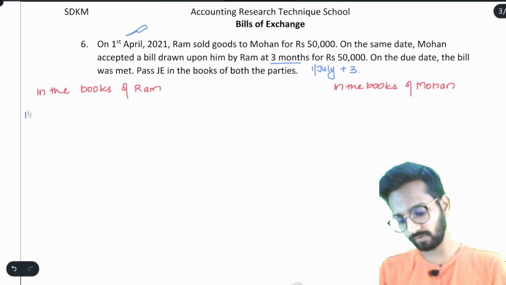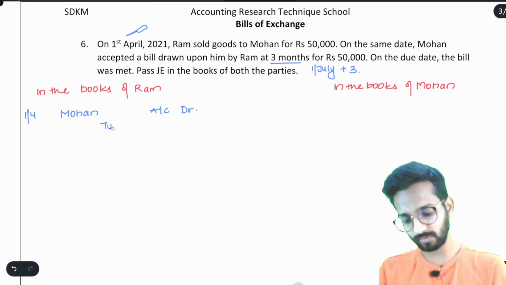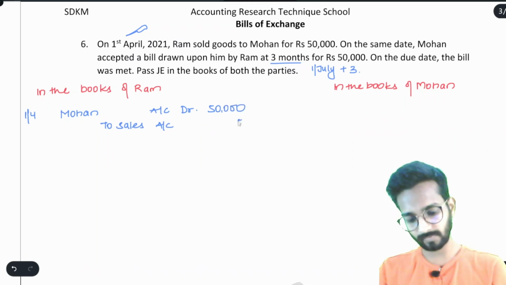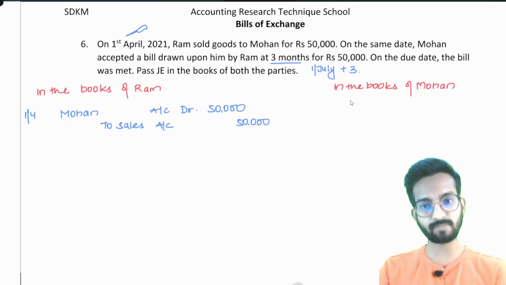So, on 1st April, Ram has sold the goods to Mohan. So, what will Ram write? Mohan account debit to sales account. How much? 50,000. Very simple.